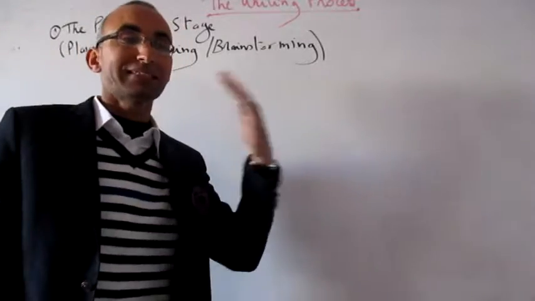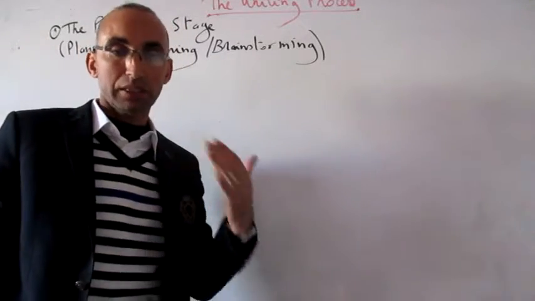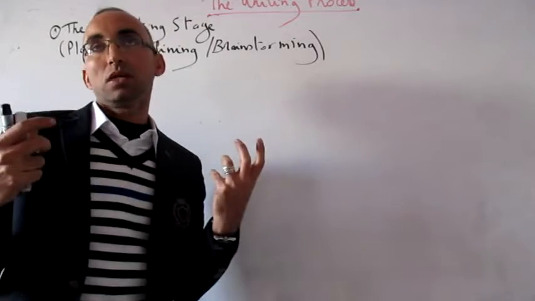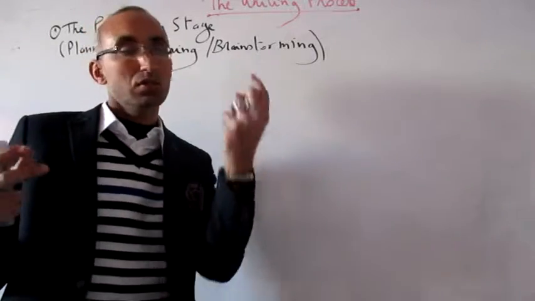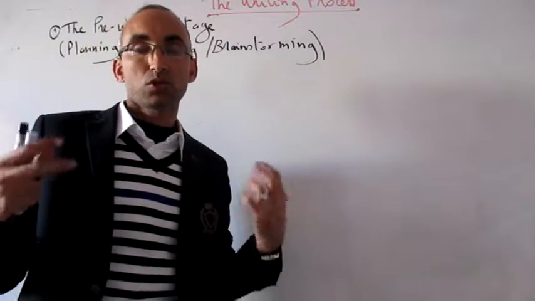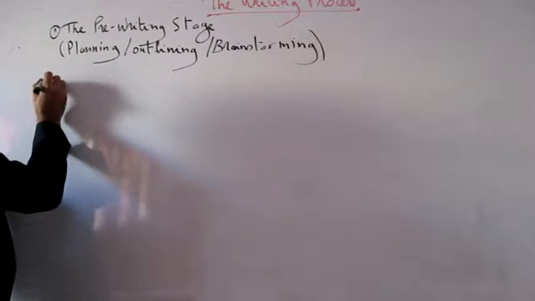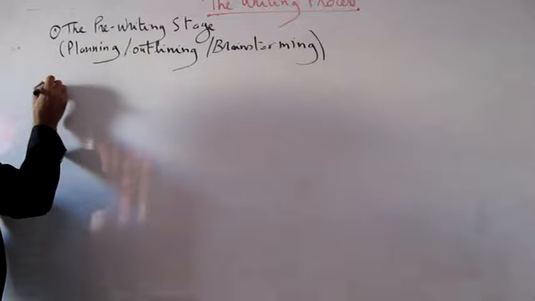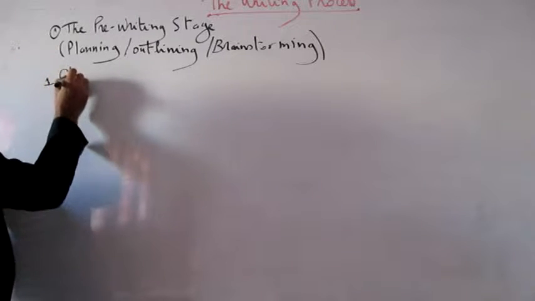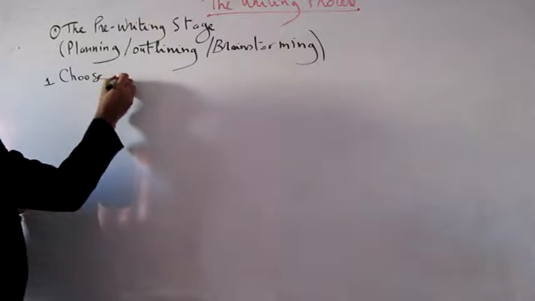Here we have a set of steps to follow. Now before I write anything, of course I should have a topic. I should choose my topic. Number one, I will choose my topic.